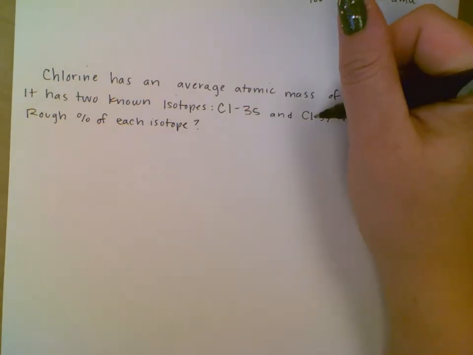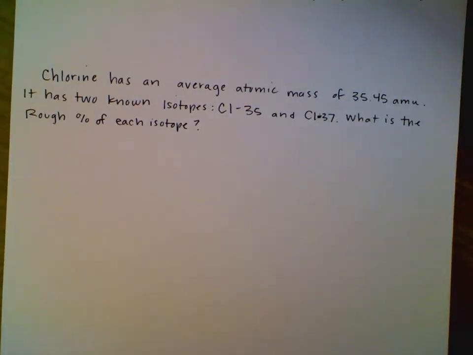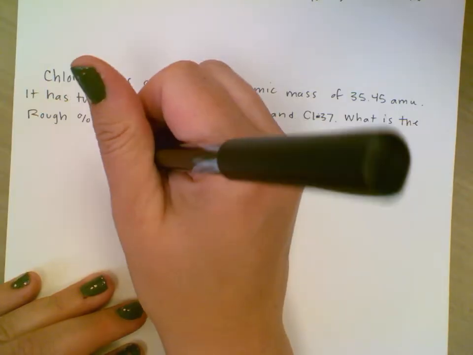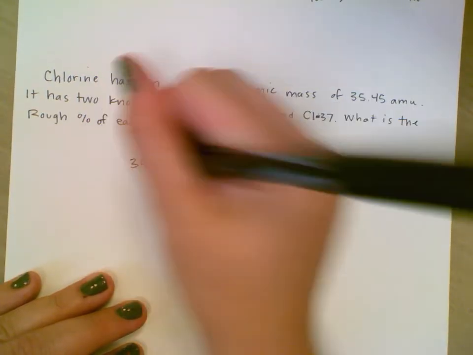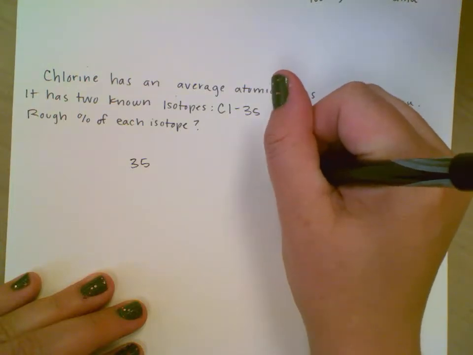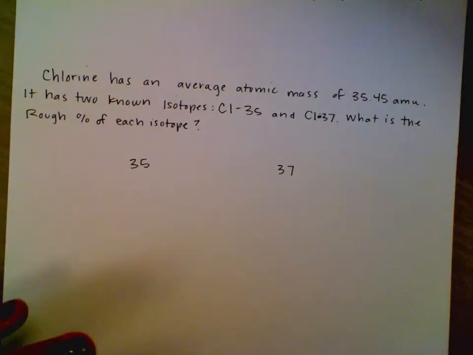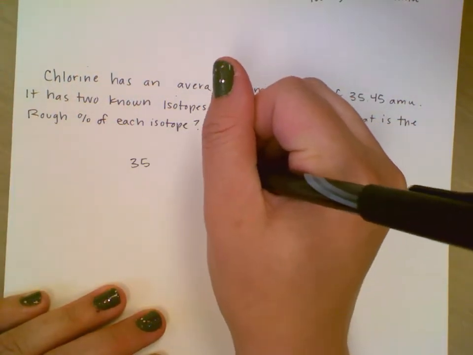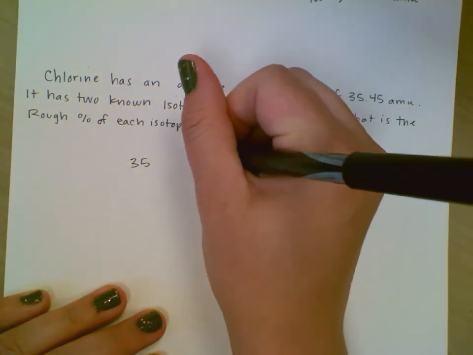So if we think about this, an average atomic mass is 35.45. And I have two isotopes, 35 and 37. So just the way that my brain works, I'm going to write down 35 and 37. Those are our two isotopes' mass. The midpoint is 36.